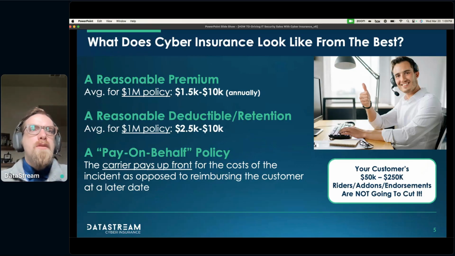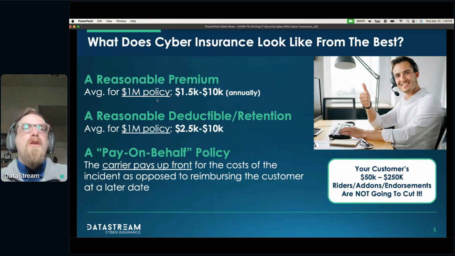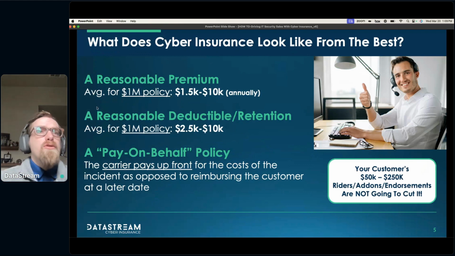What you're seeing here in terms of numbers are the averages for a $1 million policy. You can also think of them as per million, so as you move up, you can start doubling these numbers. But again, the most common policy for the SMB space is $1 million. Typically, it's going to be between $1,500 and $10,000 annually.